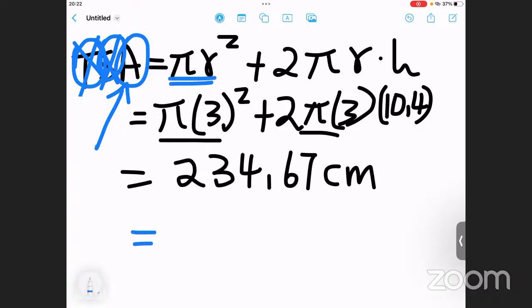The pi r squared, sir. Won't that just be centimeters squared, sir? Yes, you are right. So it is centimeters squared. What will be the units for just that part?